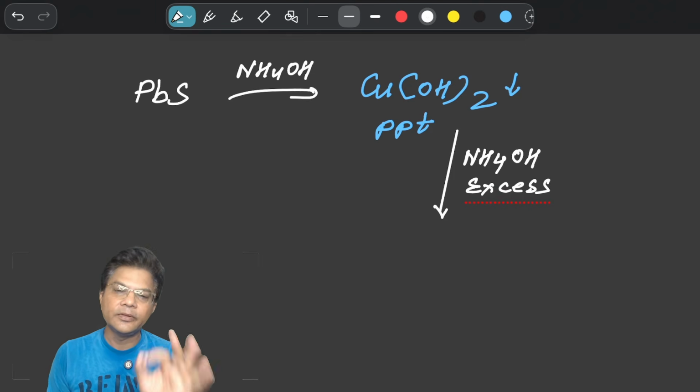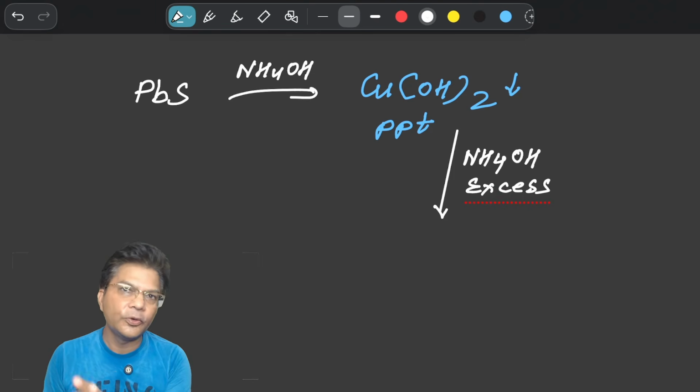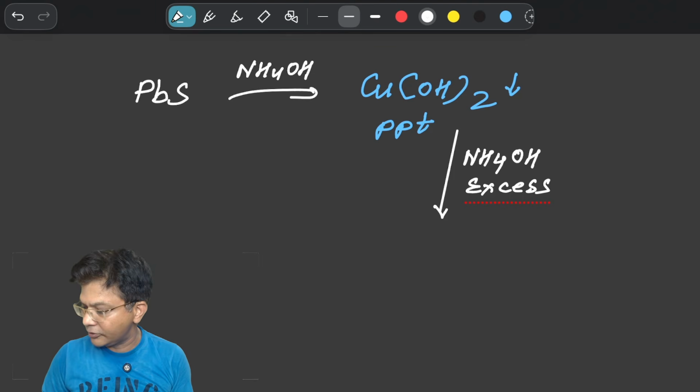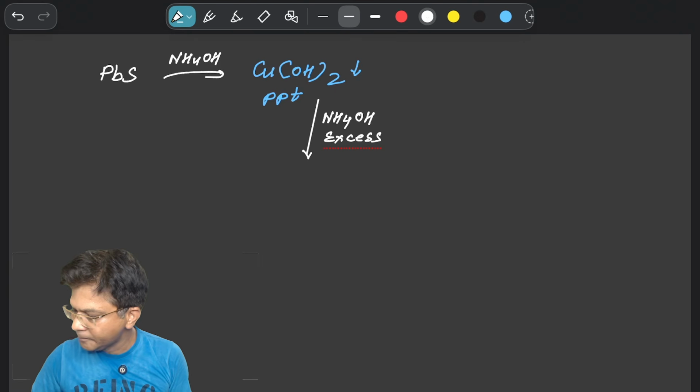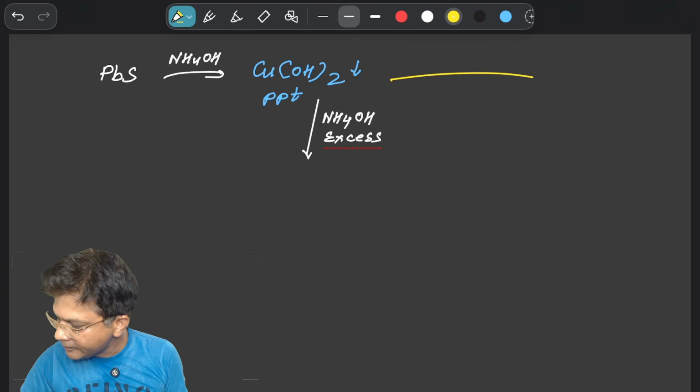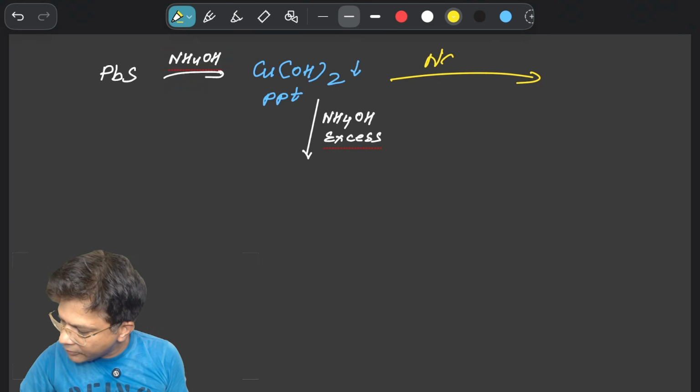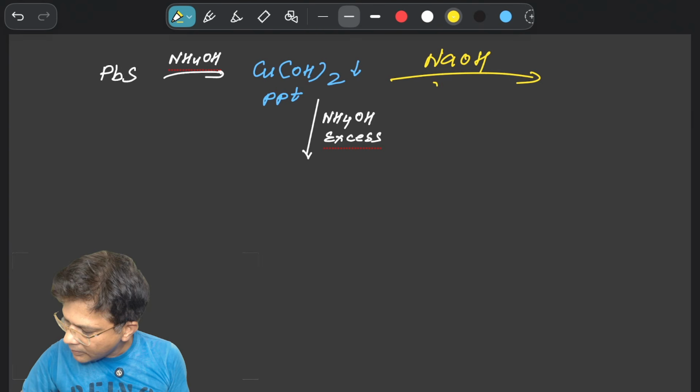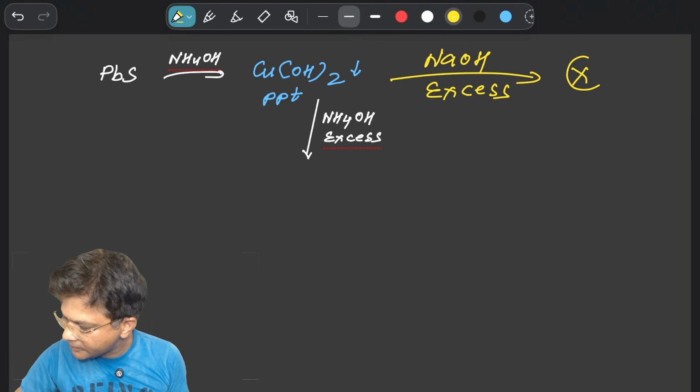But here, this is soluble in excess of ammonium hydroxide, but not in excess of sodium hydroxide. So if I add excess of sodium hydroxide, it will not be soluble, no reaction.